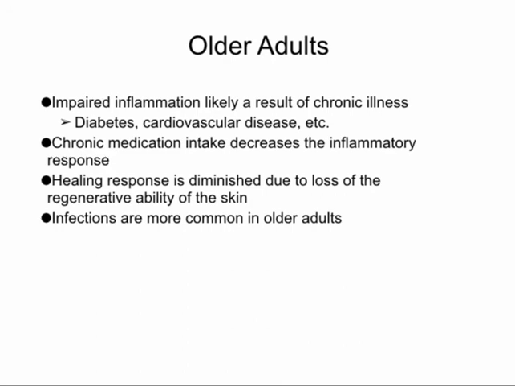They may not have as great an inflammatory response, or innate immune response, as they did when they were younger. Medications can obviously decrease the inflammatory response, whether they're on corticosteroids or just different agents that can decrease that immune response. They have a decreased healing response, so just things like changes with their skin and those inflammatory mediators, essentially. Infections are much more common in older adults, and obviously, too, it's related to their immune system as well.